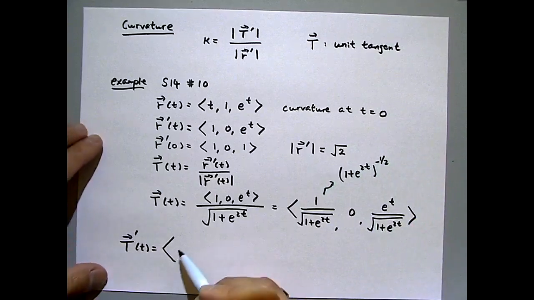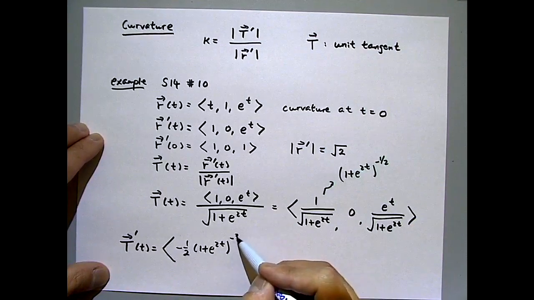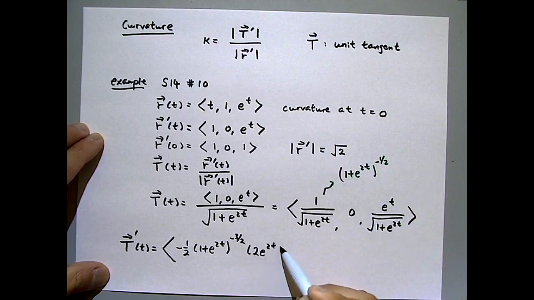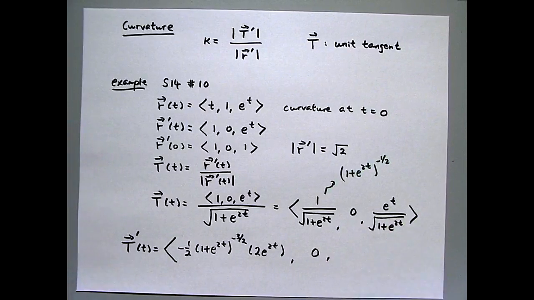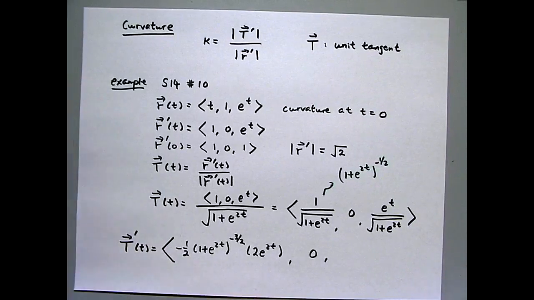So derivative is minus 1/2, 1 plus e to the 2t to the negative 3 over 2 times 2e to the 2t. Middle component is 0. Very nice. The last one here, you're just going to have to use the quotient rule and get through it. All right, so the last one, I'll put it down here at the bottom.